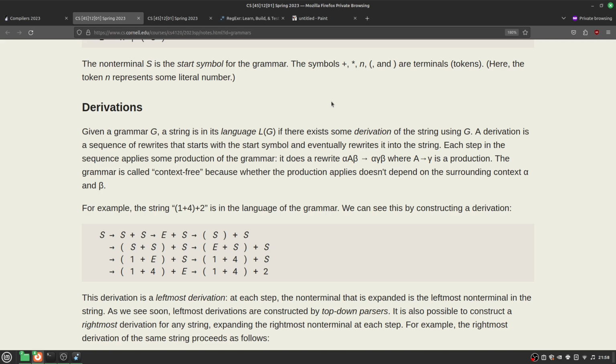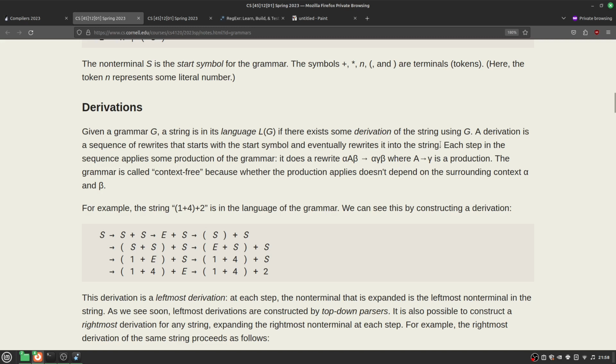It does a rewrite alpha A beta to alpha, I don't know what that symbol is, is it just a gamma? Gamma beta, where A to gamma is a production.